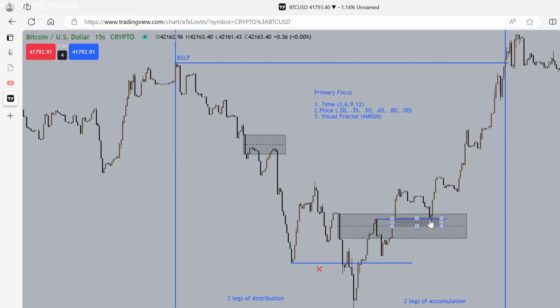You guys can find these setups every single day, on any asset class, any time frame, you name it. What I'm showing you, if you can just focus on this and learn this, you will never run out of setups. There will always be opportunity. It is constant. This is on a Saturday, 15-second chart.